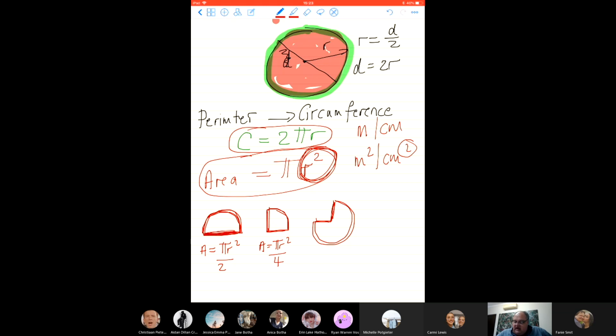Just don't forget to add those lines because they're also part of your perimeter. This last one, the area is going to be 3/4 of your usual area. So you work out your usual area and multiply it by 3 and divide it by 4, or you just multiply it by 0.75. It doesn't really matter.